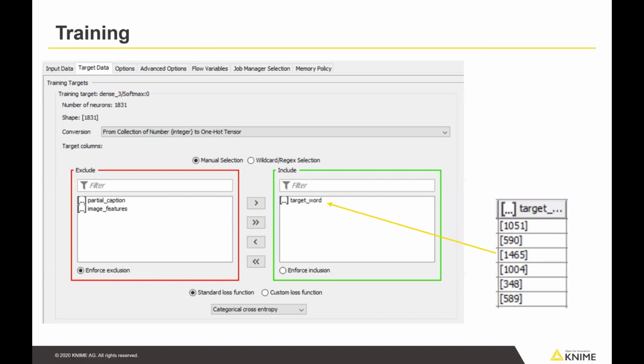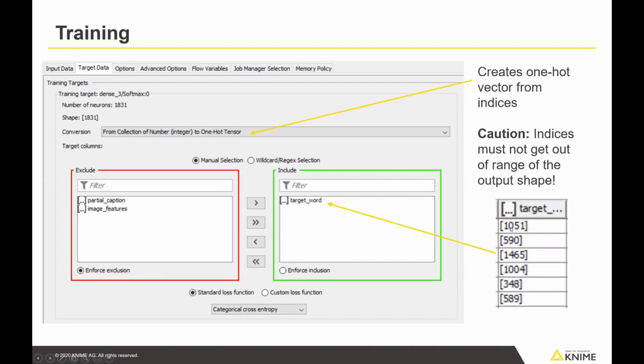Maybe you noticed, but we did not yet convert the class indices of our words to a one-hot vector, because we can use a little trick. There's this conversion supplied by KNIME, where KNIME will automatically create a one-hot vector from an input column of a single number.